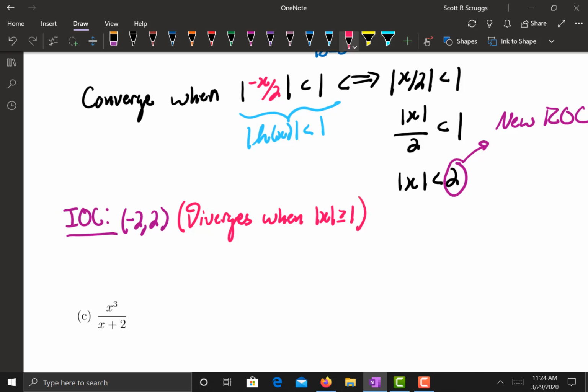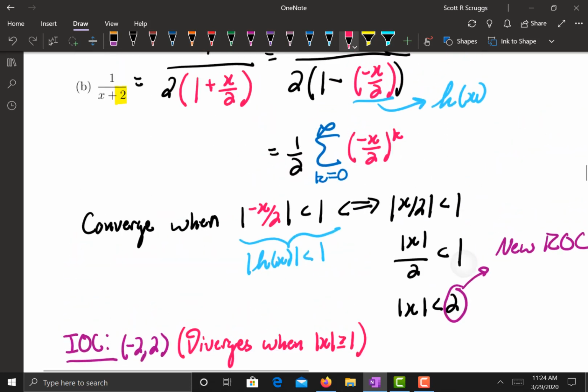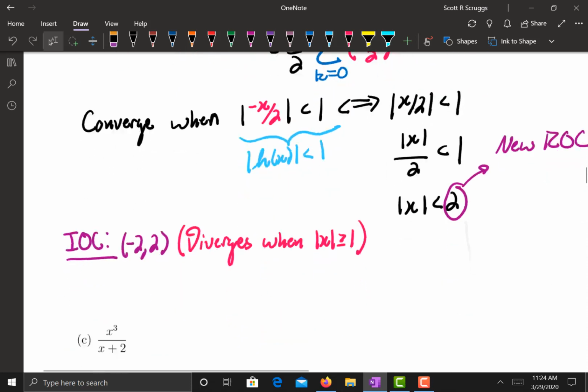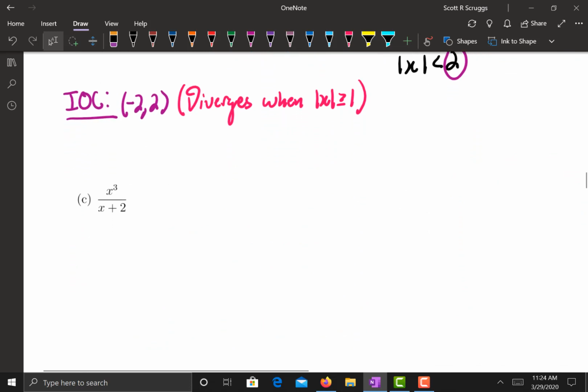And so because of that, I'm not including the endpoints -2 and 2, because if I plug in -2 or +2, I'll get +1 and -1 respectively, which will be in my criteria for a divergent series.